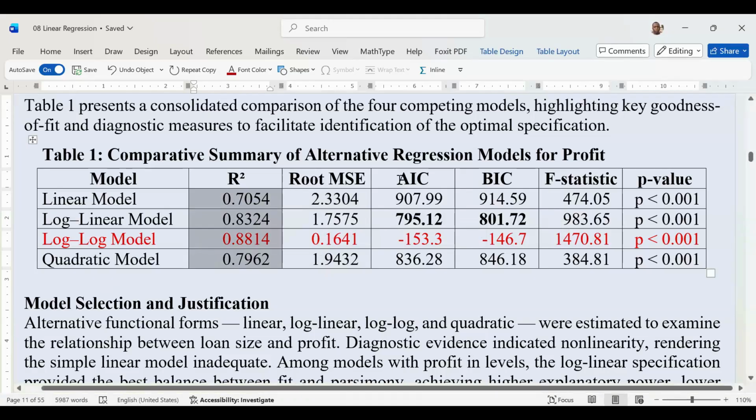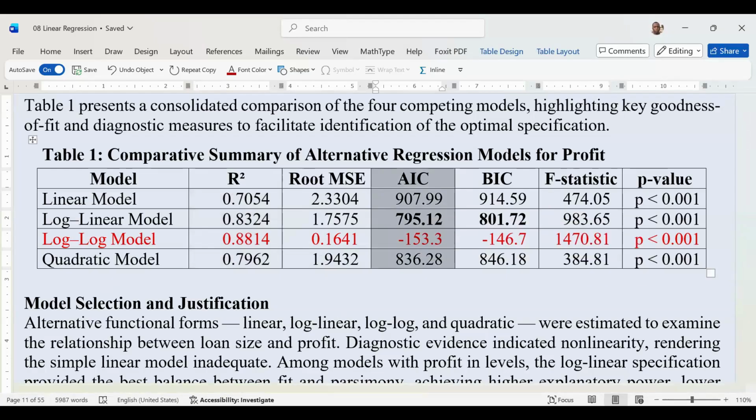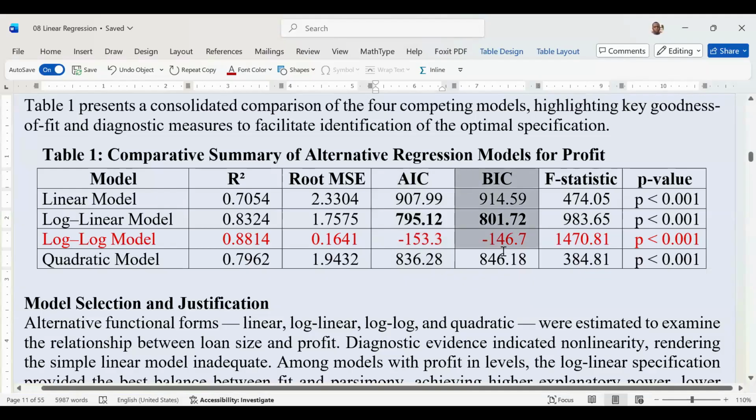And for the AIC, the model with the smallest AIC is the best. Which one is top? It was still the log. And for the BIC, the model with the smallest BIC is the best. Which one is top? Log. It's still the log. So in all the departments of comparison, the log model is the optimal.